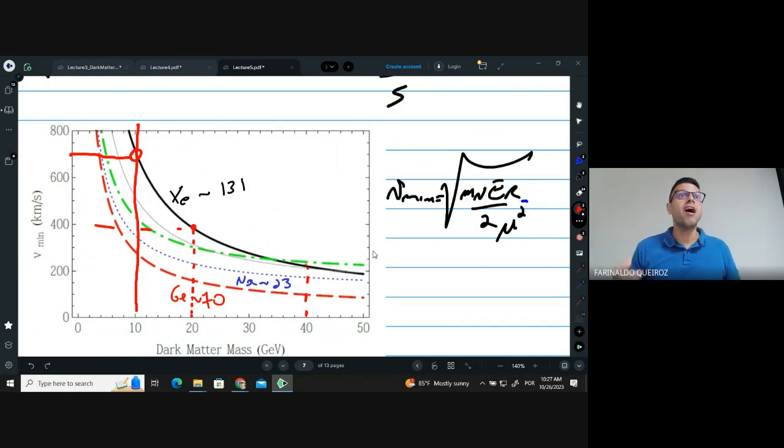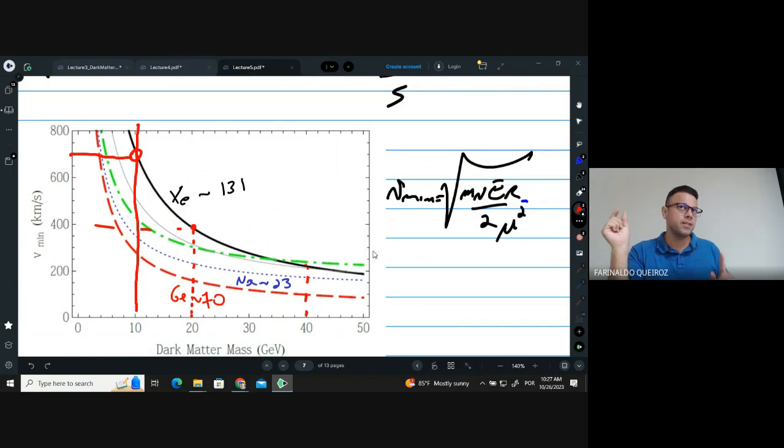It's unlikely that xenon will see a dark matter mass below 10 GeV, because it has a very small probability. Just because of the velocity distribution, only particles at the tail of the Maxwell-Boltzmann distribution can produce a signal in the xenon detector if the mass happens to be 10 GeV.